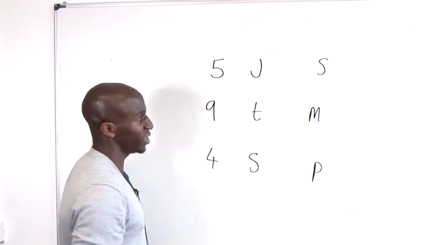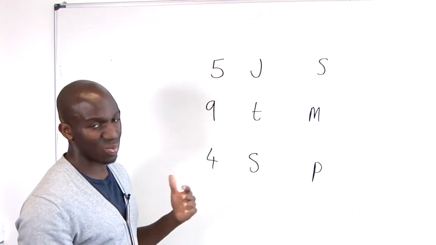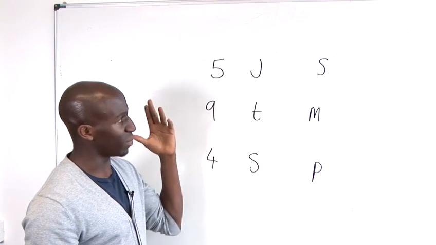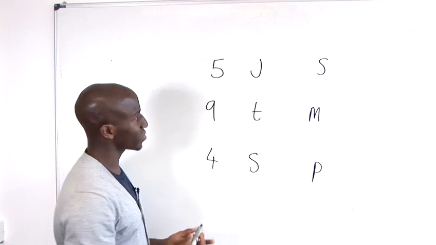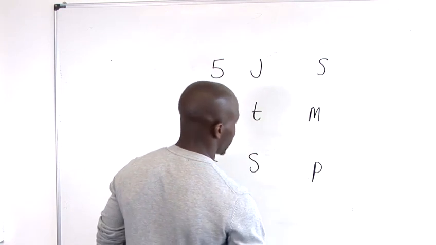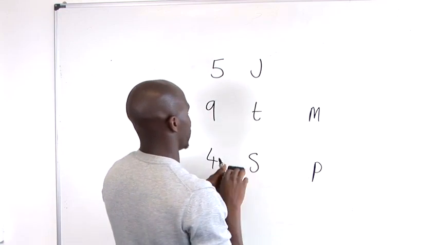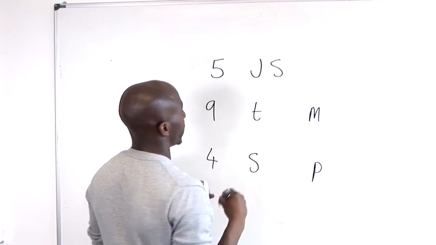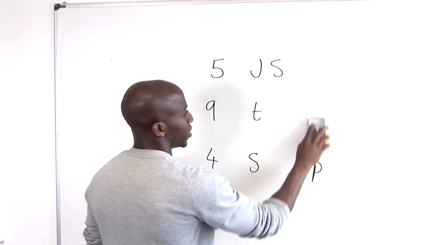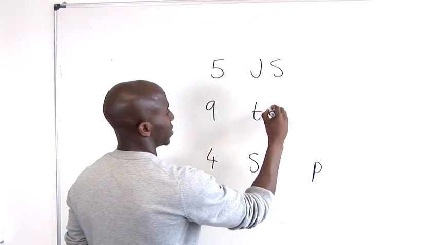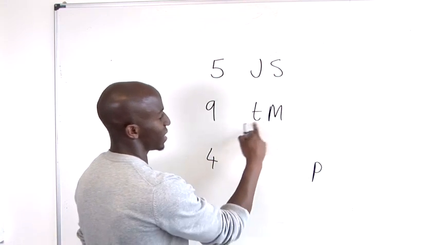Now, the convenience that we have now, when we want to relate to John Smith, we can just say JS. Okay, so I'll just rub this out and bring them together. JS. And when we want to relate to Tim Matthews, we can just call him by TM.